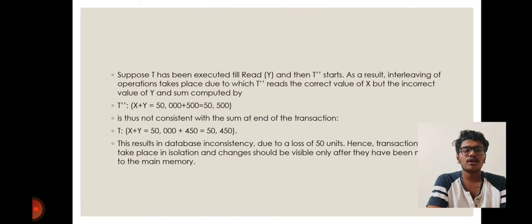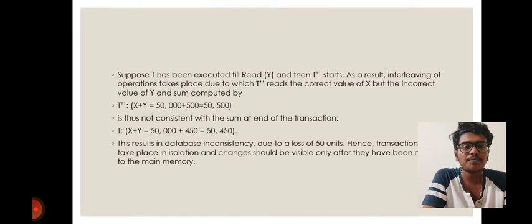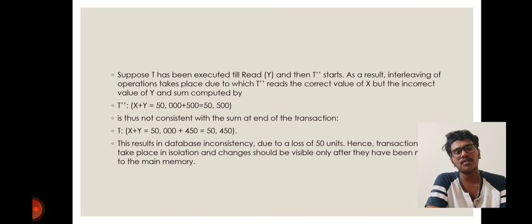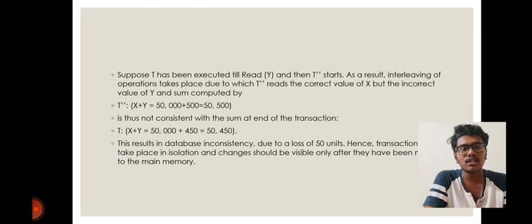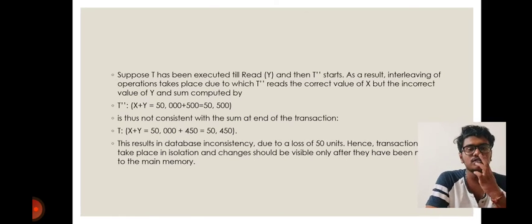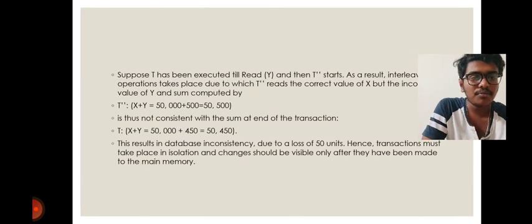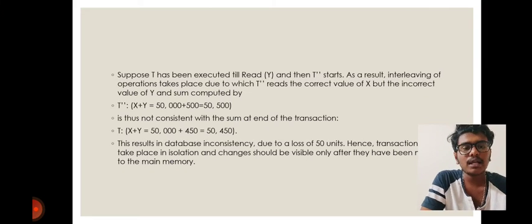T's X plus Y equal to 50 plus 450, equal to 500. This results in database inconsistency due to the loss of 50 units. Hence, the transactions must take place in isolation. Changes should be visible only after they have been made to the main memory.